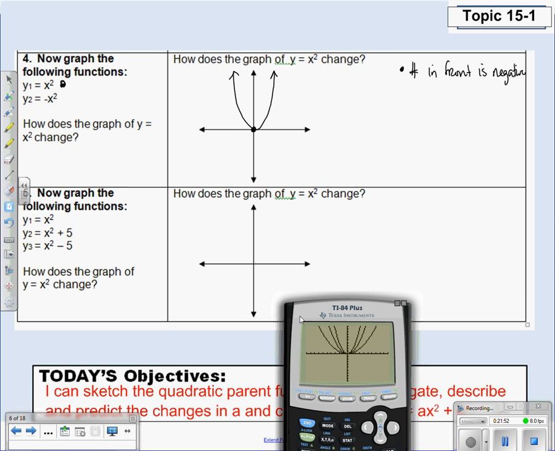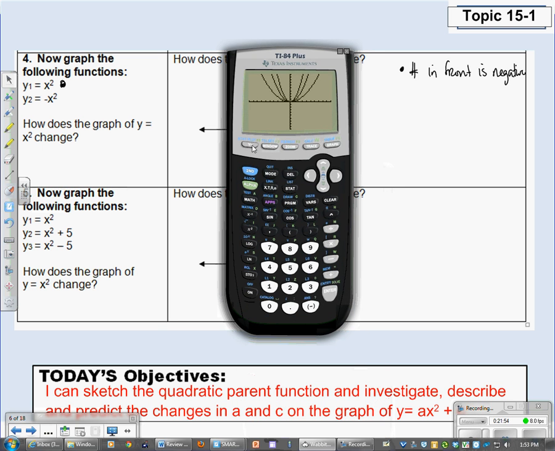Well, let's find out. Using a calculator, go to y equals. First equation stays the same. Second equation now changes to a negative x squared. There is no third equation, so I'm clearing it out. Do a zoom 6. Here's my first equation, original, and here's the negative in front.